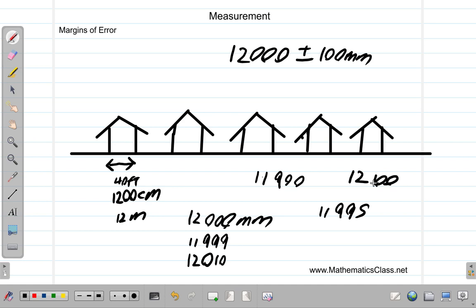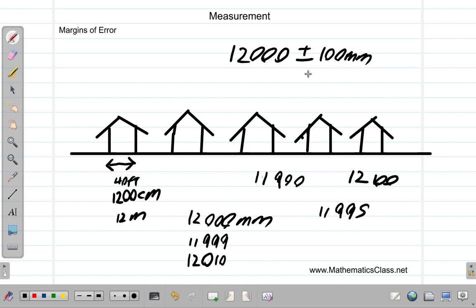Alright? So, at the manufacturer's plant, if you're measuring these walls, they must be 12,000 plus or minus 100 millimeters. That means you can take off 100 millimeters or you can add on 100 millimeters, but don't take off more than 100 millimeters or add on more than 100 millimeters.